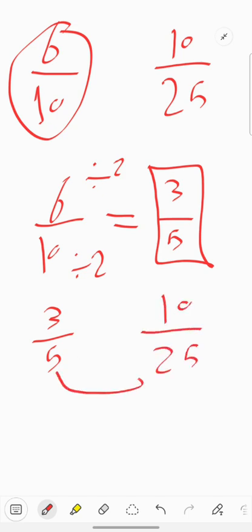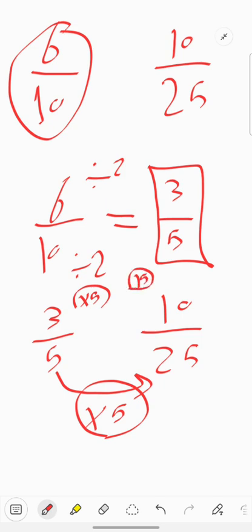So 5 becomes 25 by multiplying by 5. So we need to multiply the numerator by 5 also. But 3 times 5 equals 15, right? But the numerator here is 10, so the two ratios are not equal and not proportion.